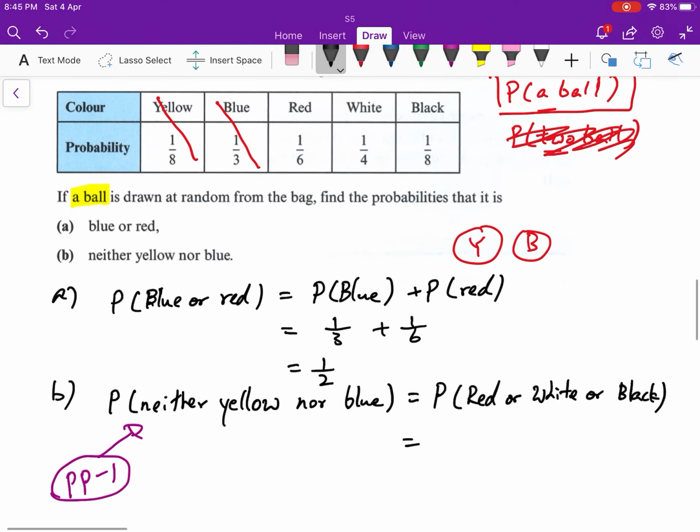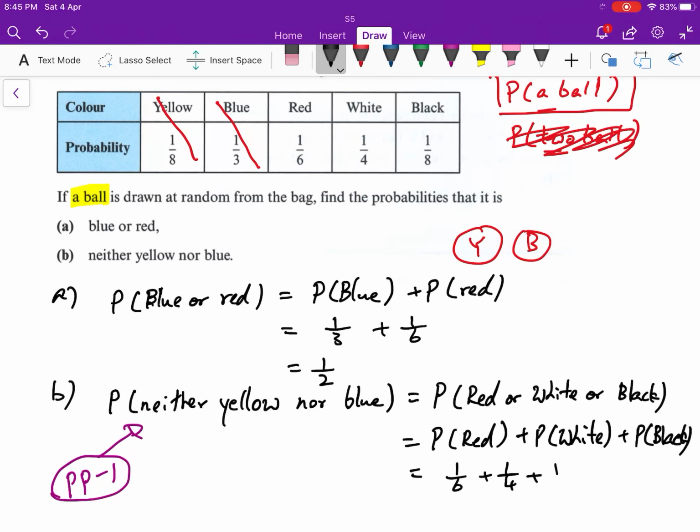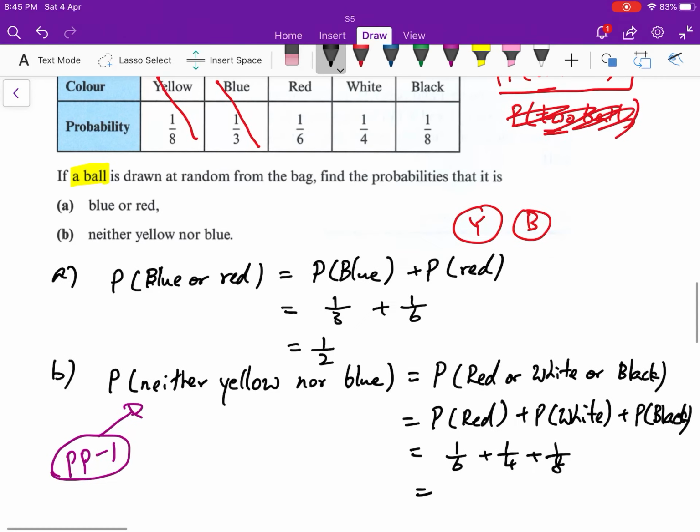So we can separate them because they are mutually exclusive. It can be red and it can be white, or it can be black, okay? Then we add together 1/6 plus 1/4 plus 1/8. Of course, using the calculator, you will get the final answer. It will be 13/24. Okay, so this is how we write down the solution.